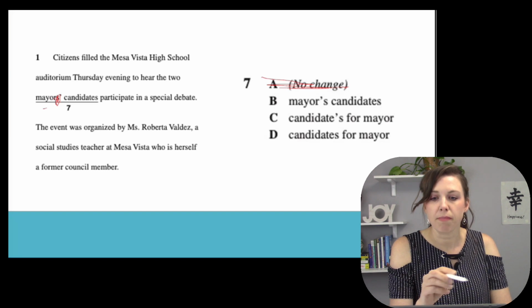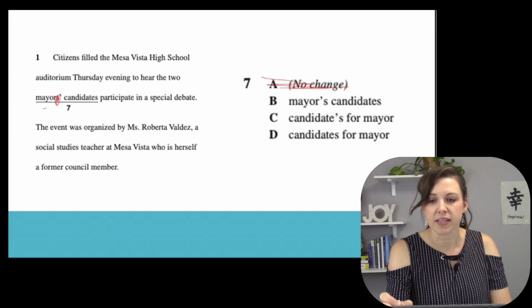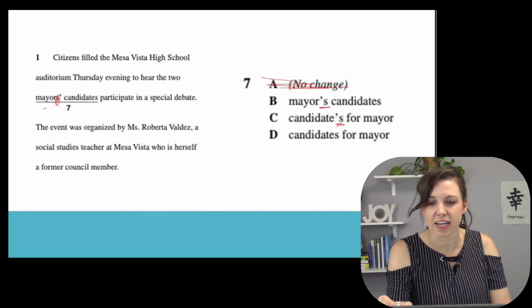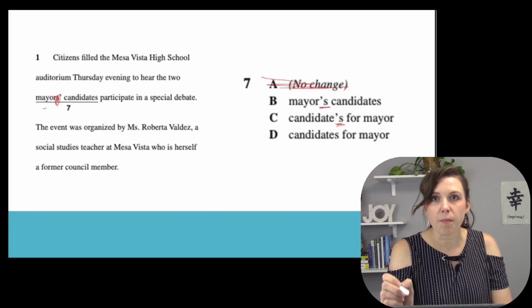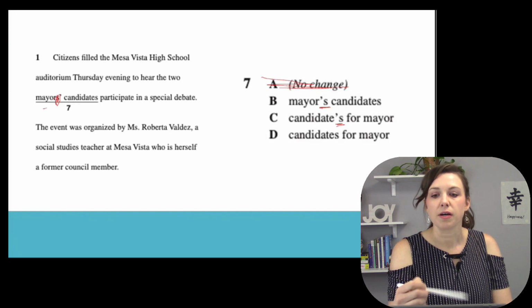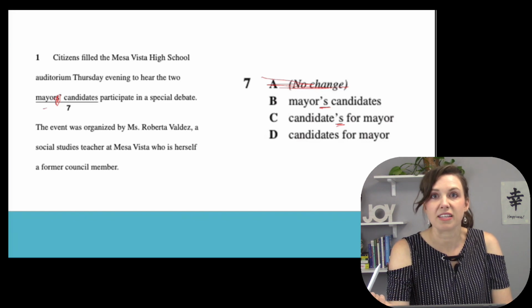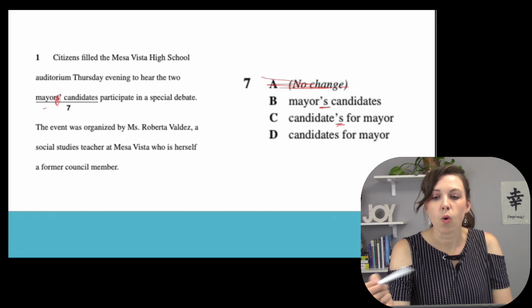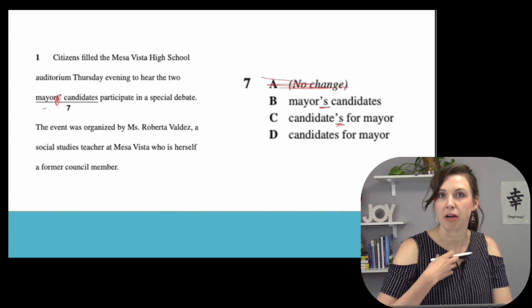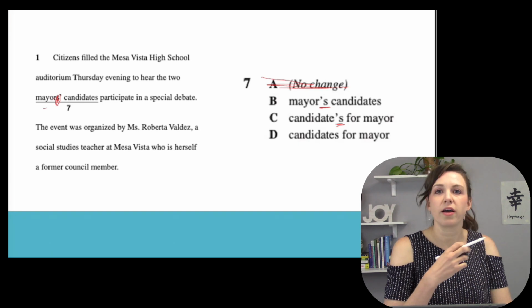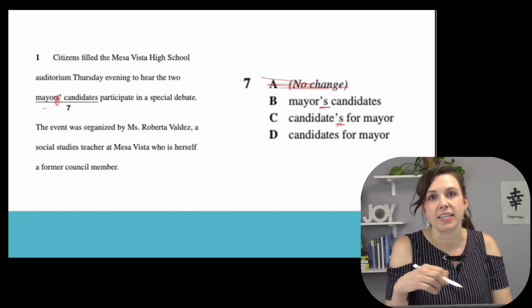The two mayor, and here we have apostrophe S, right? Apostrophe S can either be possessive, or it can be a contraction. So B could be the mayor's candidates, like the mayor has candidates, or else it can be the mayor is candidates.